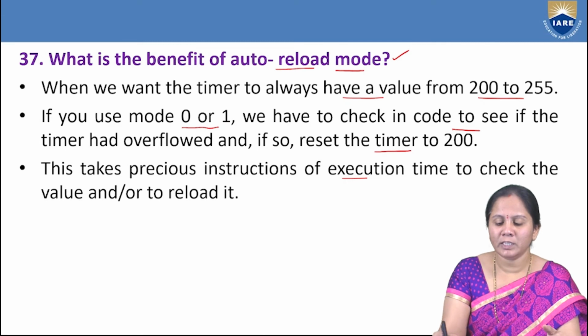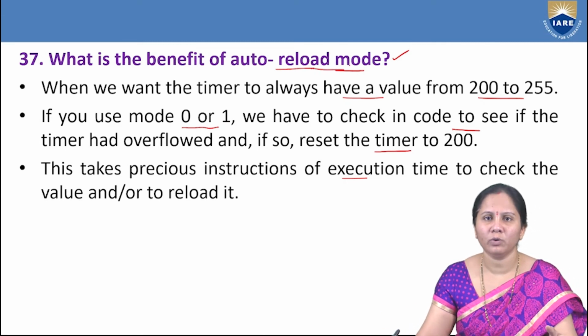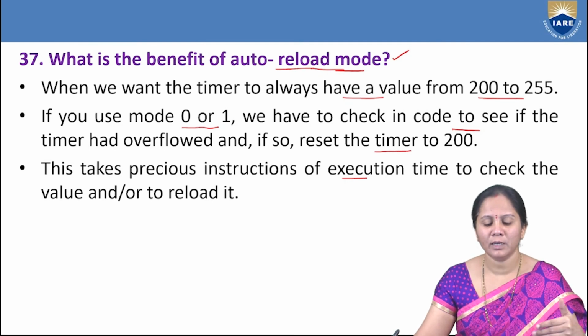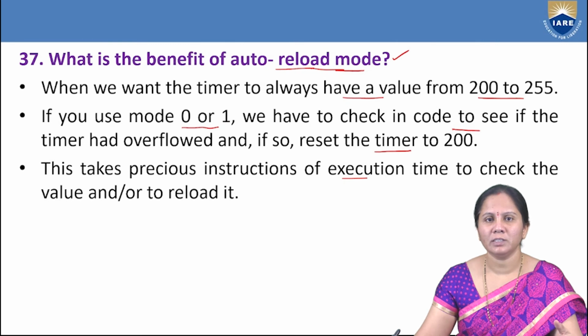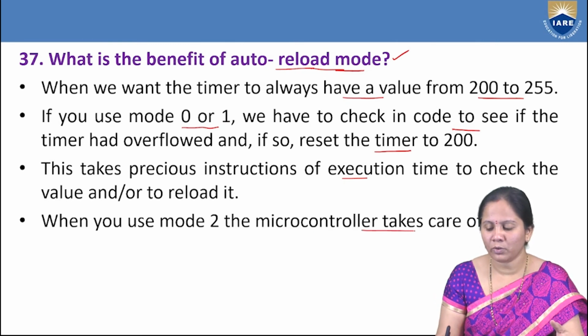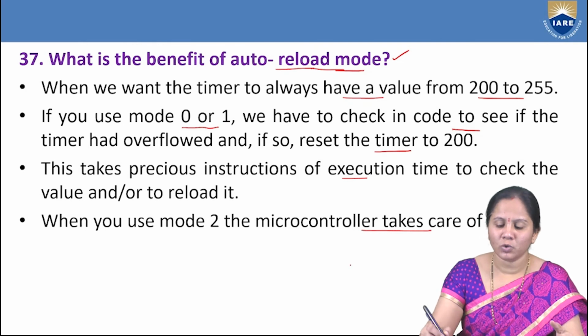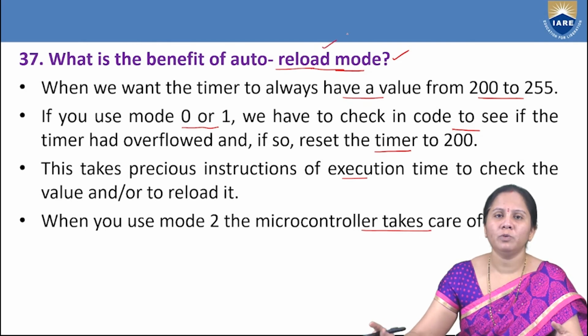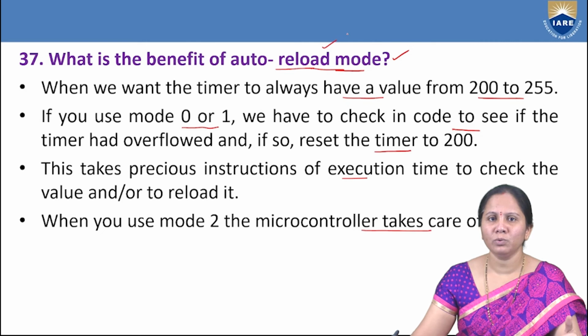That is why it is better to operate the timer in auto reload mode instead. We can avoid checking every time whether the timer has reached the condition or not. When we use mode 2, the microcontroller takes care of this. So auto reload mode means timer mode 2 operation.